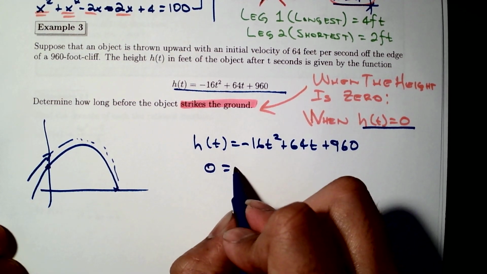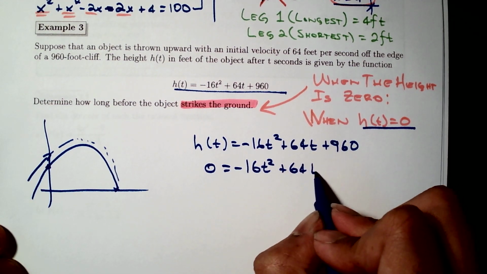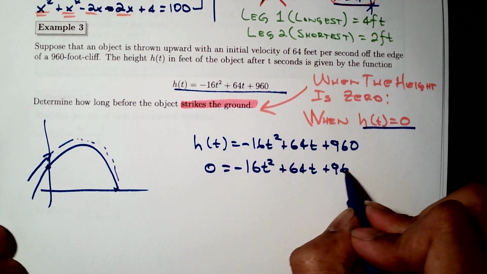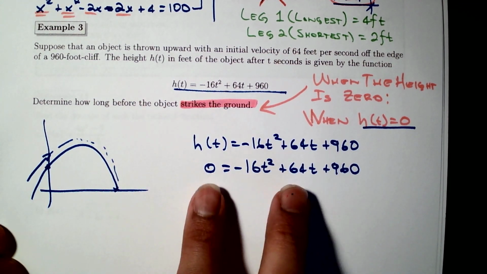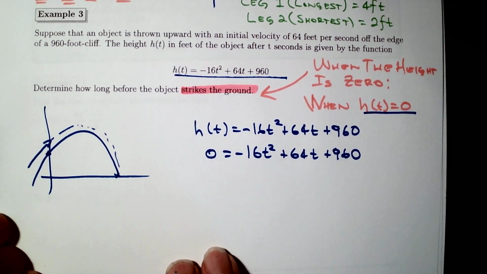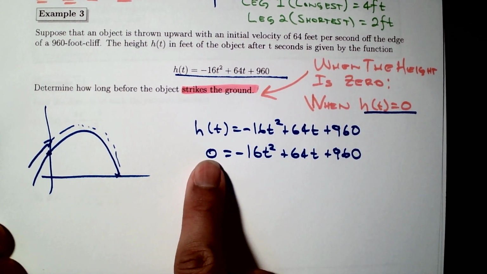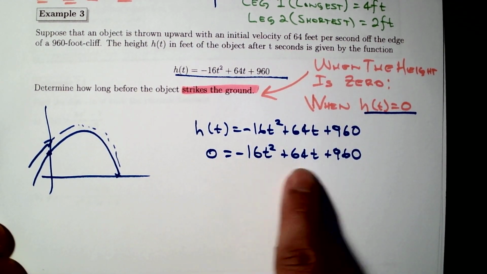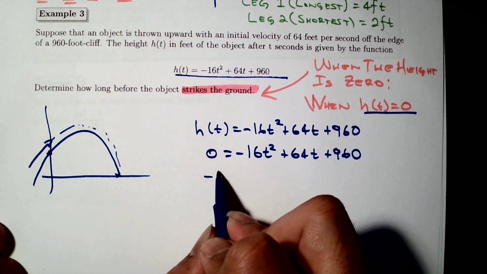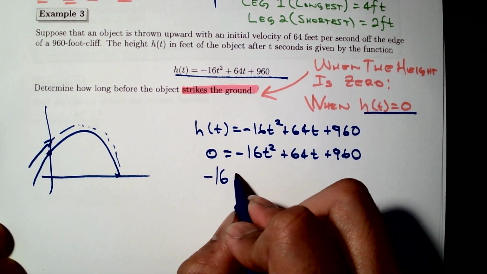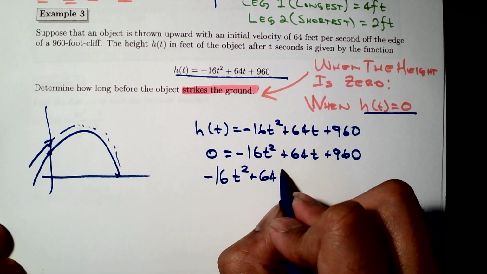So 0 equals negative 16t squared plus 64t plus 960. Okay, it might be a little bit weird to read an equation this way. Typically the 0 is on the right hand side and everything else is on the left. So all I'm going to do here is reverse the order so that it doesn't confuse you with what we did earlier in the previous examples.